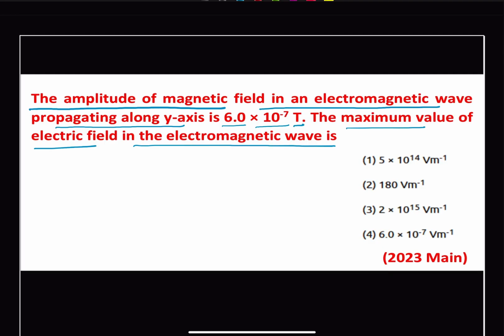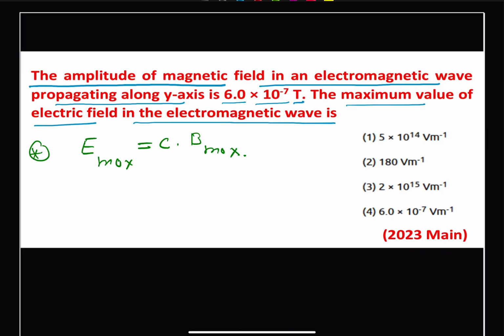The amplitude of the magnetic field is given, and we are going to find the maximum amplitude of the electric field. We know that the maximum amplitude of the electric field is equal to C times the maximum amplitude of the magnetic field.